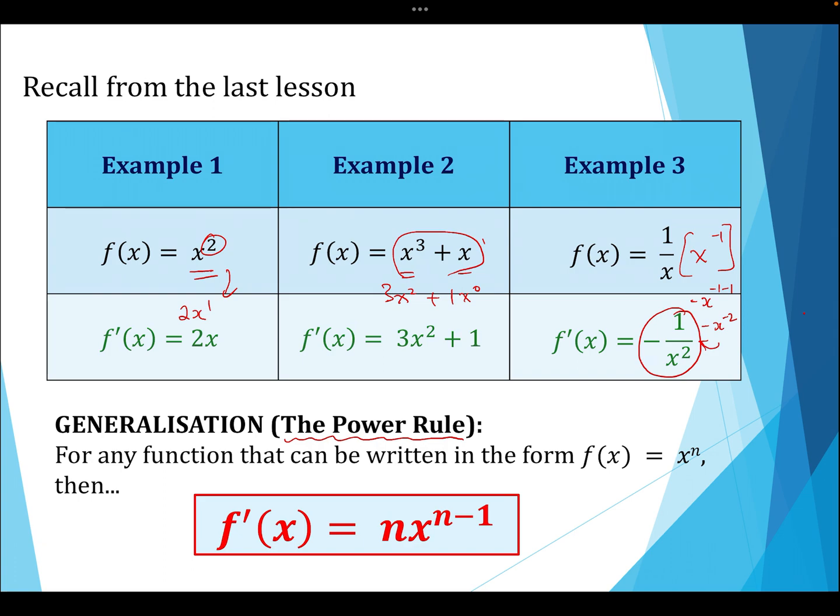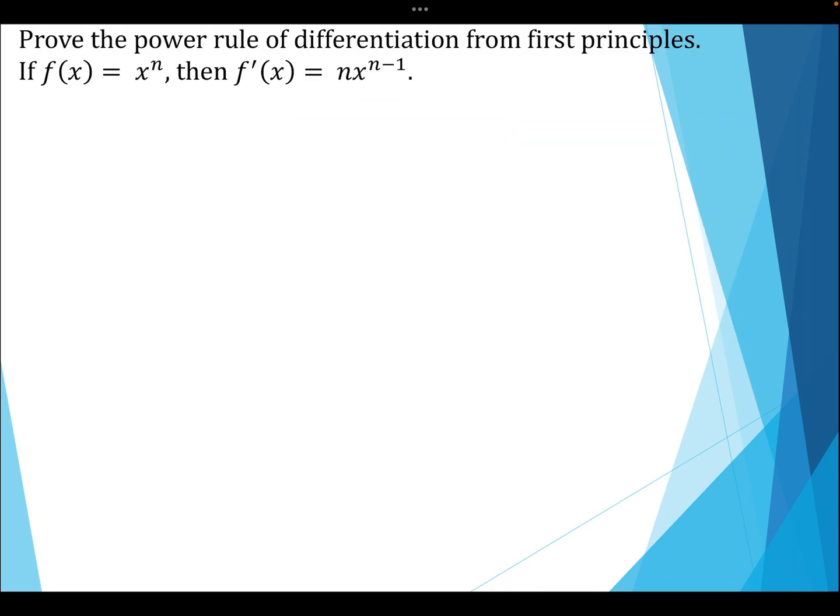Now, let me derive this generalization for you. So let's prove if f(x) equals x to the power of n, then f dash x, or the derivative of f(x), is nx to the power of n minus 1.